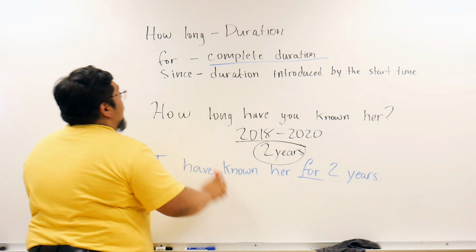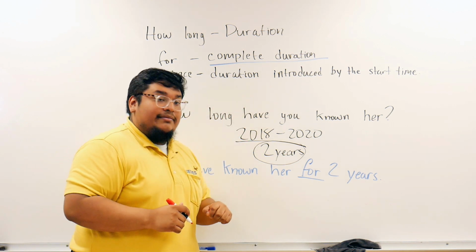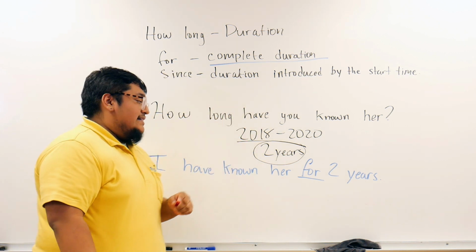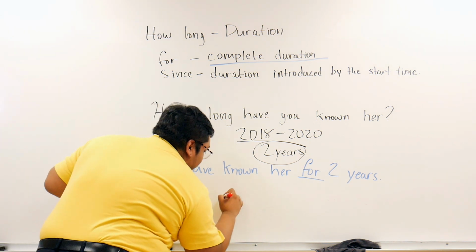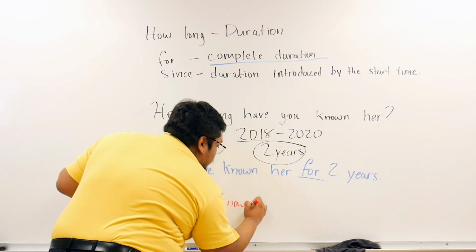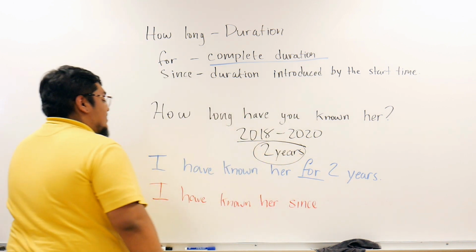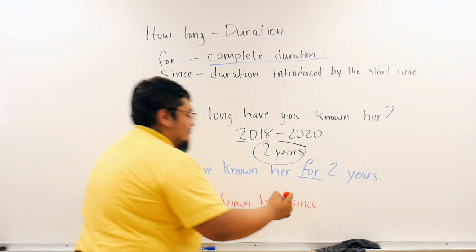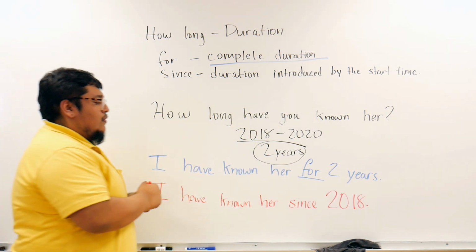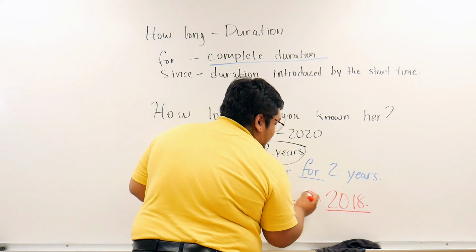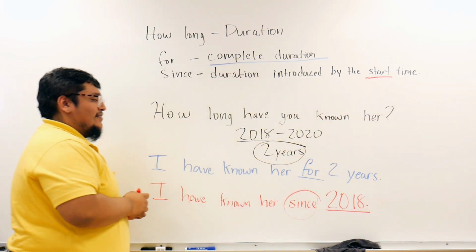Now, if I want to answer using the word since, we need to introduce the start time. And what was the start? 2018. So, I can answer, I have known her since, and when is our start time? 2018. So I have known her since 2018. So why did I say 2018? Because we're using the word since. And since, we need to use the start time. And that is it.